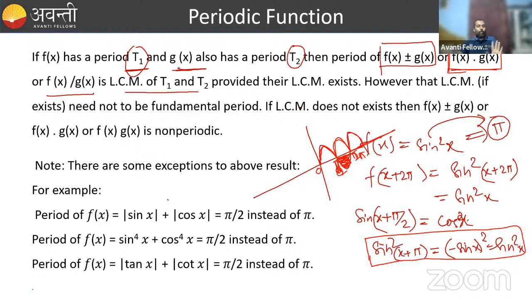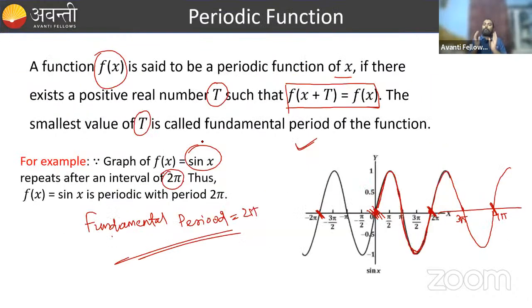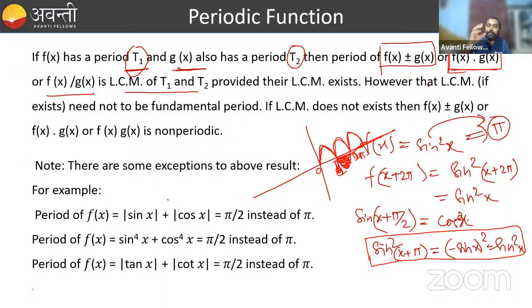Look, the basic rule, the main definition of a periodic function, is this. Here we have discovered some rules. They may work in some cases, but in some cases they can't work.